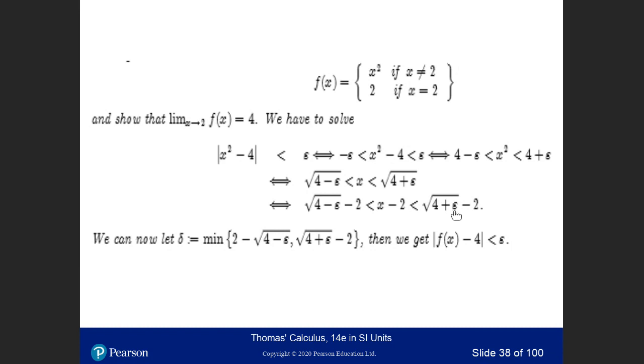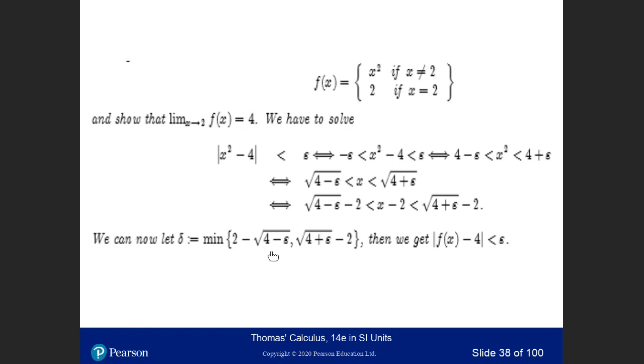That will give me the distance. Square root of 4 plus epsilon minus 2 is a positive number, definitely. So the absolute value of this is 2 minus square root of 4 minus epsilon. And the absolute value of this is equal to itself because that's a positive number. So square root of 4 plus epsilon minus 2 is the distance on the right side. 2 minus square root of 4 minus epsilon is the distance on the left-hand side.